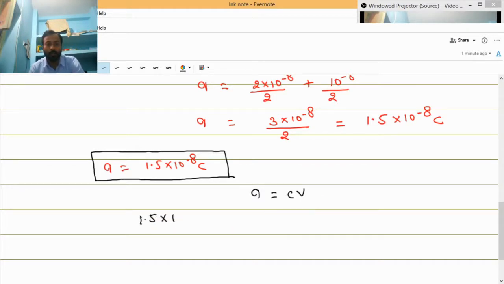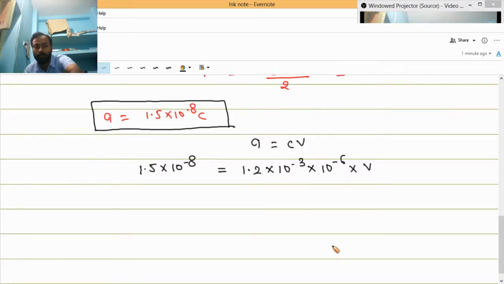So it will be 1.5 × 10^-8 equals, the C value given in the problem is 1.2 × 10^-3 microfarad. So we will convert it into farad, multiplying by 10^-6, and V is there. So we have to decide the value of V here.